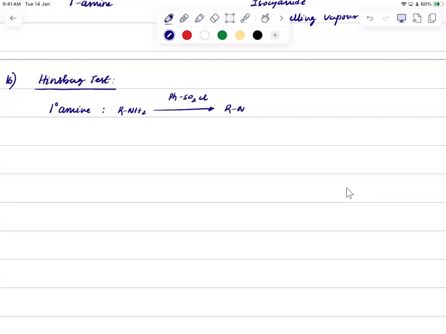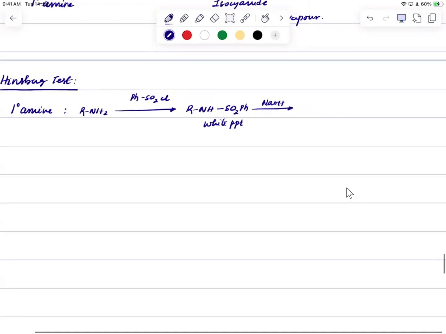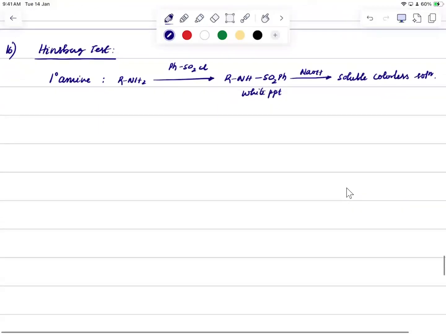And then you will get a white precipitate of RNH SO2Ph. And in the presence of NaOH, this will become a soluble, colorless solution.